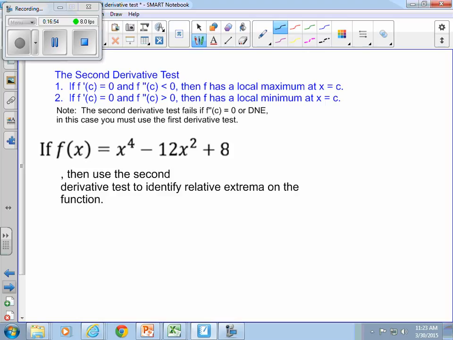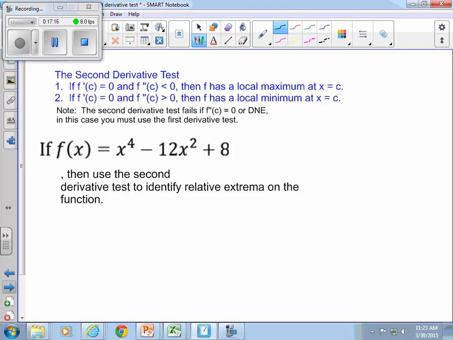For most cases, the first derivative test is better. However, there are some cases you have to have the second derivative test. And if you've had any other AP classes, you know that AP is a master of finding ways to use strange things like that. So they will definitely make you use the second derivative test occasionally.